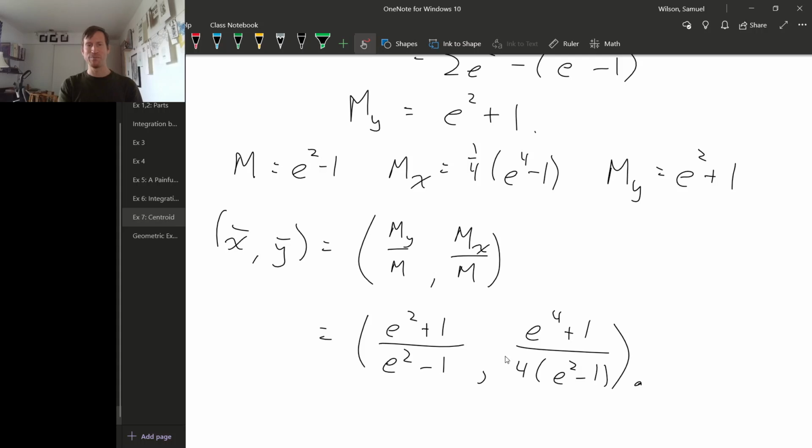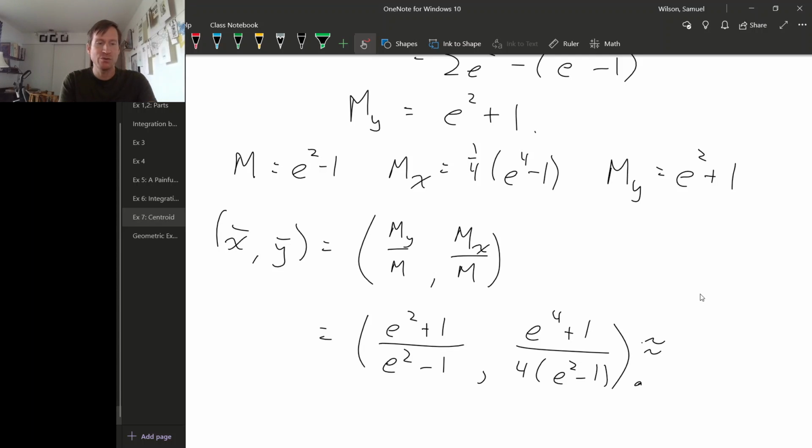And there we go. So maybe we should get decimal approximations for this just to see where it ends up lying on the region, because our eyes are sort of good at estimating centroids. So let's just see what we get.